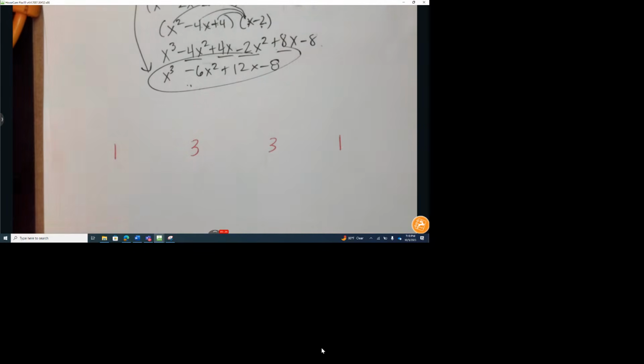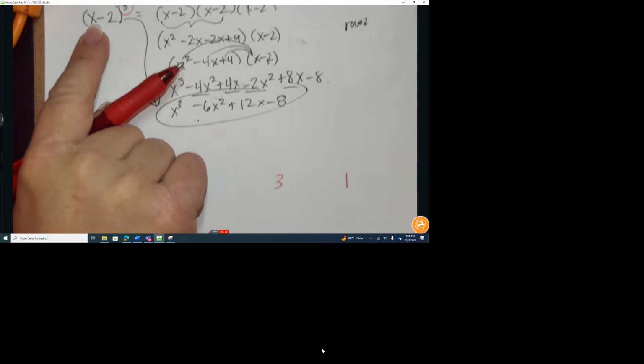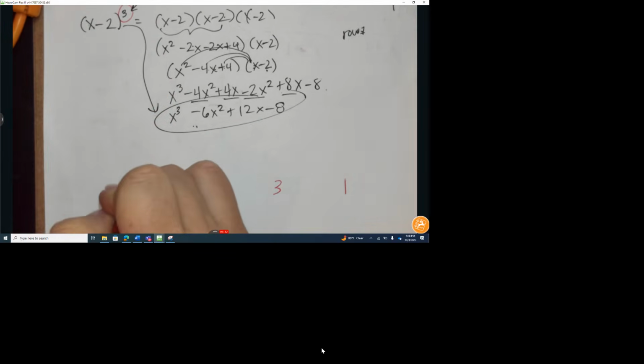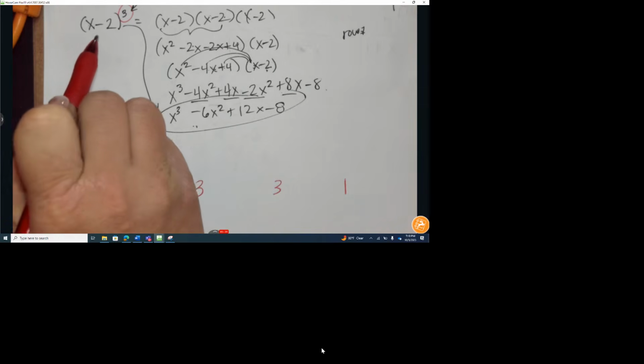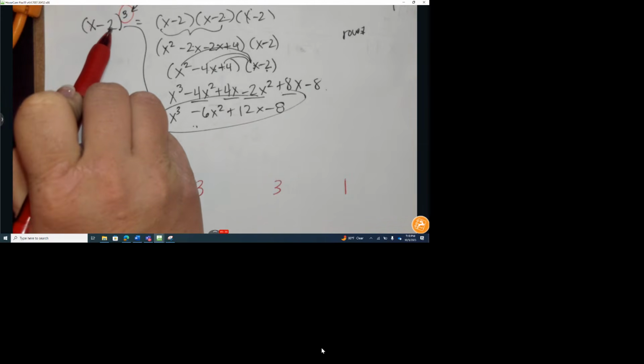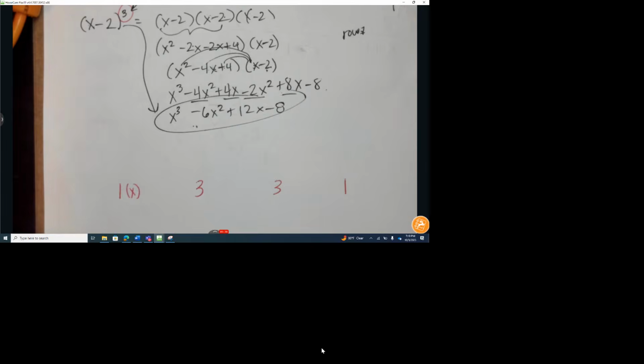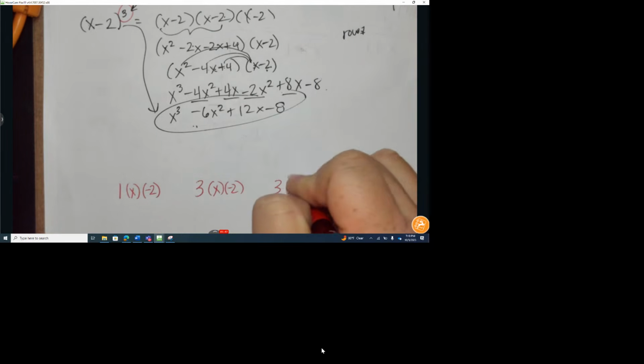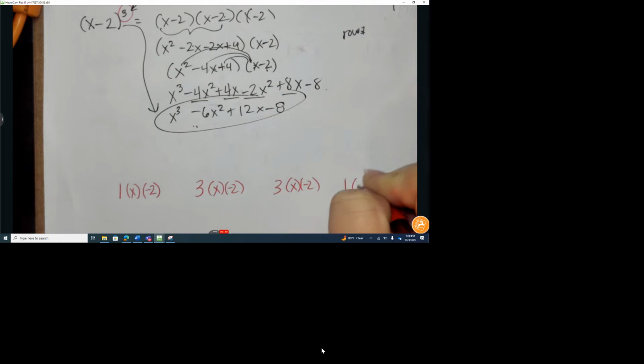Okay, then I'm going to come up top. I'm going to think of this as a binomial, two things. So x is one thing, and then instead of thinking of subtracting 2, capture it as a negative 2. So behind each of these, I'm going to take the two pieces of the binomial and separate them.